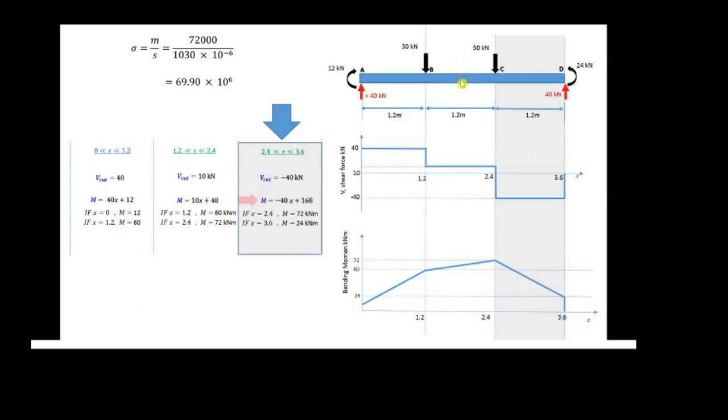Can we allocate 100 kilonewton shear force at this point, 1.5 here? The answer is no. Why? Refer to the shear force here. At this point, 1.5, we already have a 10 kilonewton shear force. So that means we only have 90 kilonewton left at this point. That's the importance of the shear force and bending moment diagram.